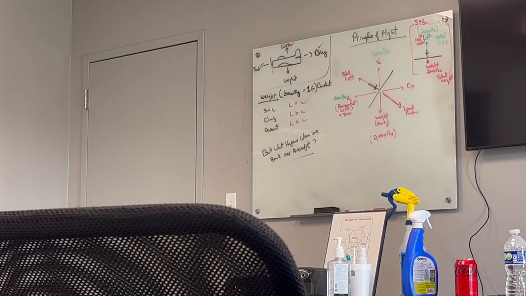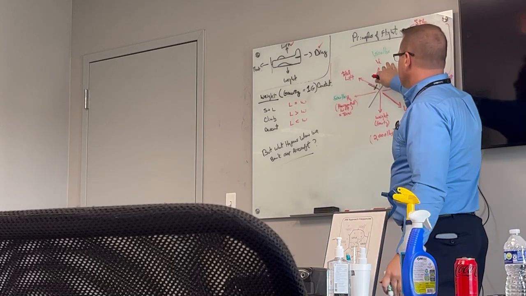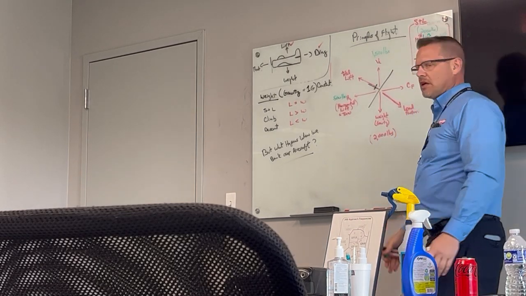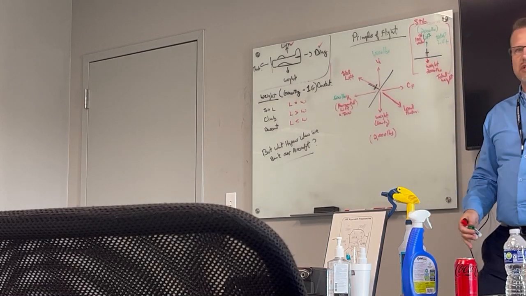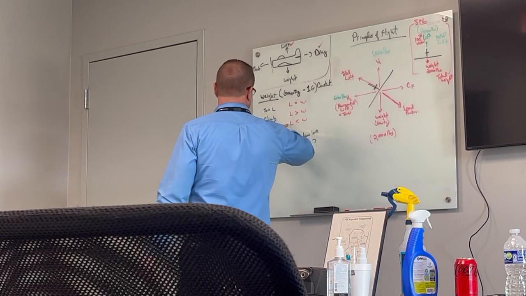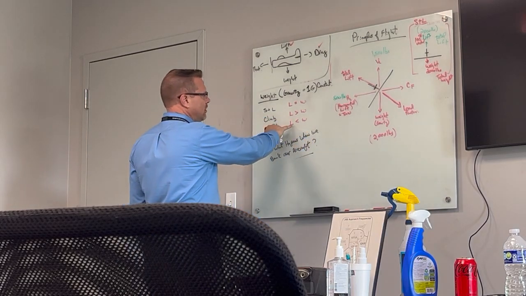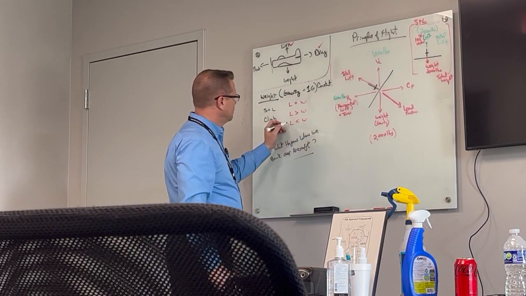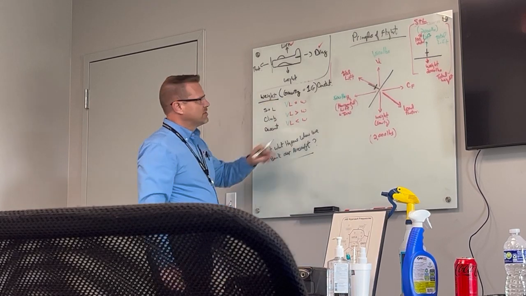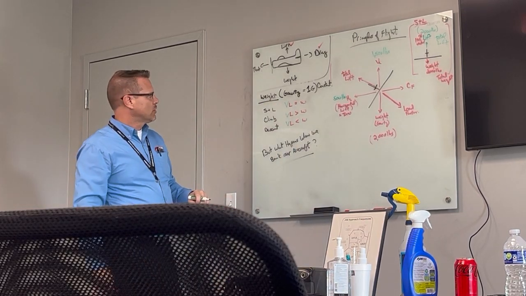So right away we can see when we bank an aircraft, we lose a vertical component of lift. If we don't have enough lift to support the weight, our aircraft's gonna descend. It's gonna start a descent, right? Just like here. So in this case, vertical lift would be less than weight. So we're gonna have a descent.